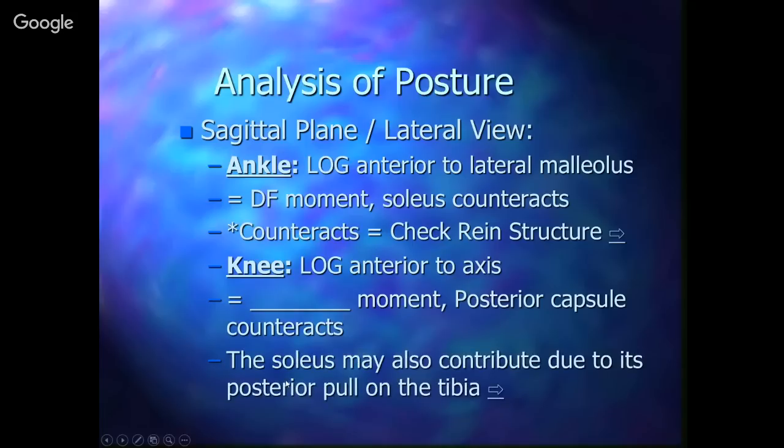The soleus actually has been shown to also contribute due to its posterior pull on the tibia. So that this applies to up here, that the soleus, remember, is contracting to stop the dorsiflexion moment at the ankle. It clearly is a plantar flexor, and if it's trying to pull the tibia posteriorly because it attaches to the tibia, that's promoting check rein capability, trying to pull the tibia posterior and prevent the extension of the knee.